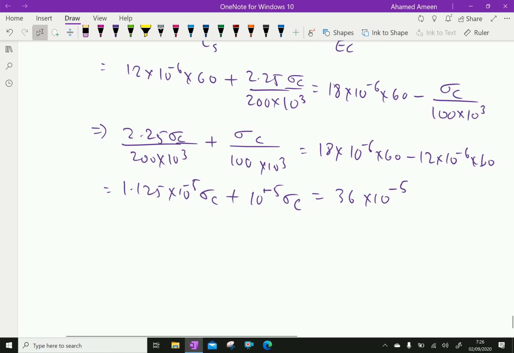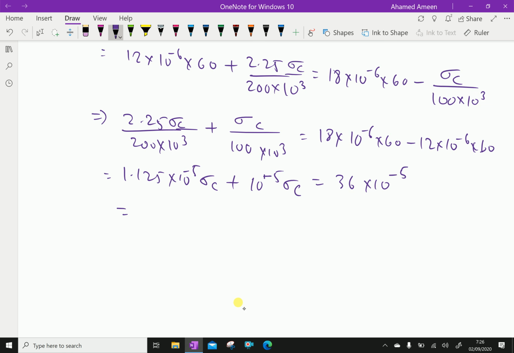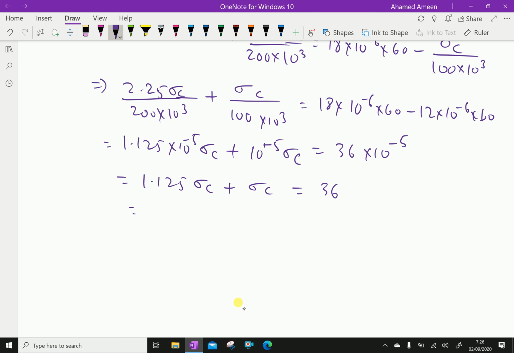Now cancelling 10 to the power of minus 5 everywhere: 1.125 sigma C plus 1 sigma C equals 36, which gives 2.125 sigma C equals 36. Therefore sigma C equals 36 over 2.125.